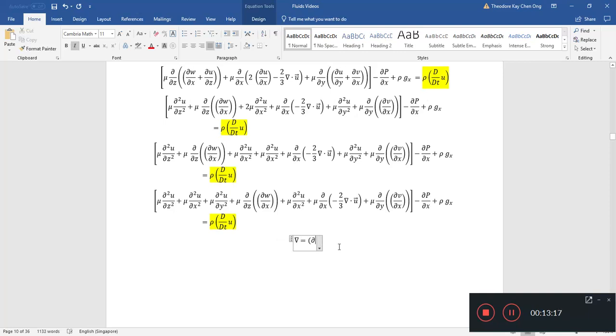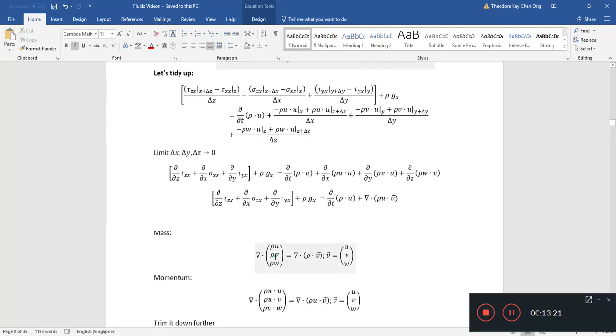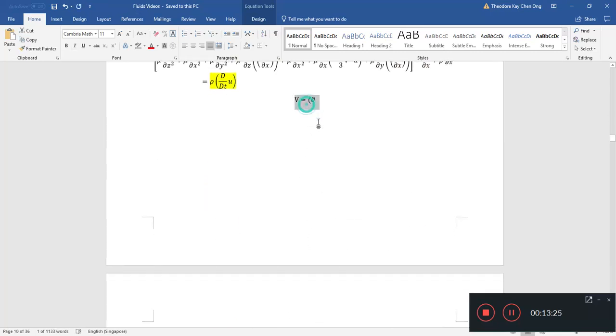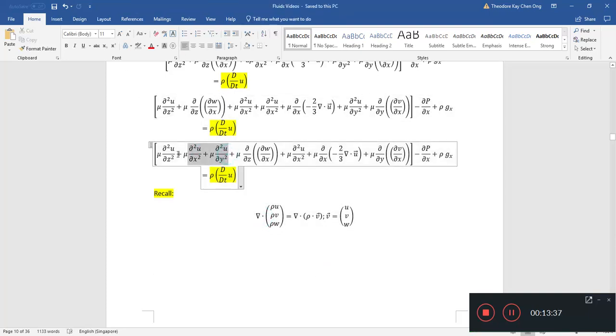Remember this operator. So I'm going to write, recall, what our divergence operator was. Now we can apply it twice so that we can use it to represent this thing.